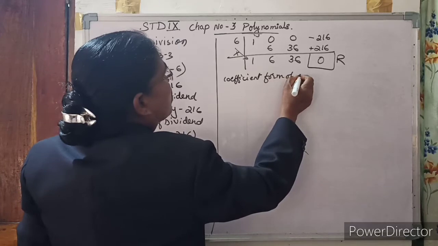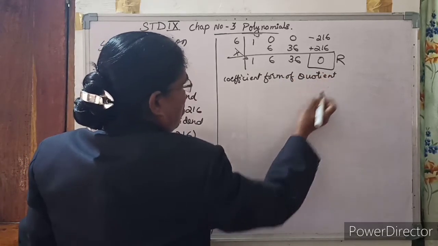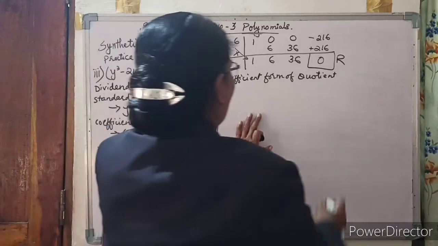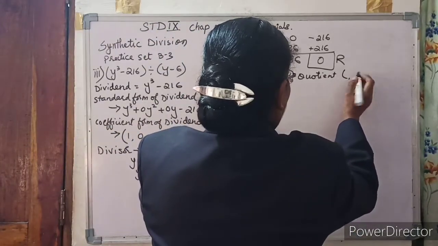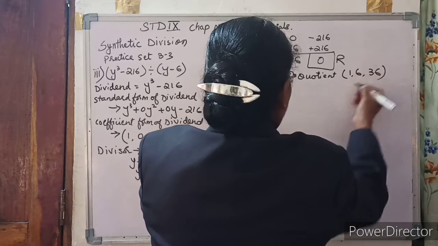Now we have got the coefficient form of the quotient. The coefficient form of the quotient is 1, 6, 36.